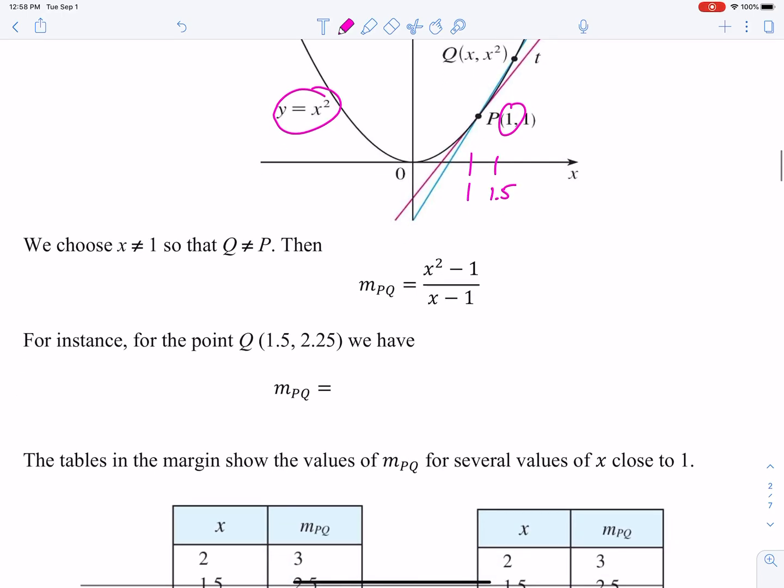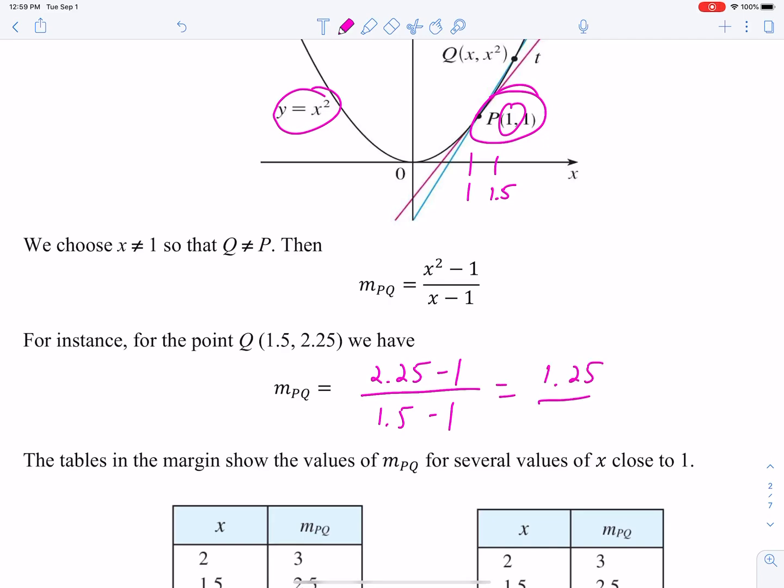So that's easy enough. We could calculate that. If we plug that in, that's going to be 2.25 minus 1, right? Because we're using P and Q, over 1.5 minus 1. And if you calculate all that out, what do we get? 1.25 over 0.5, which is 2.5.